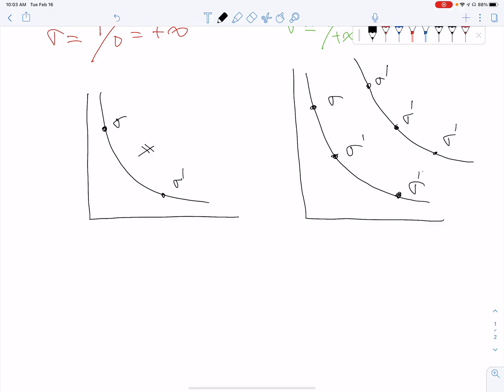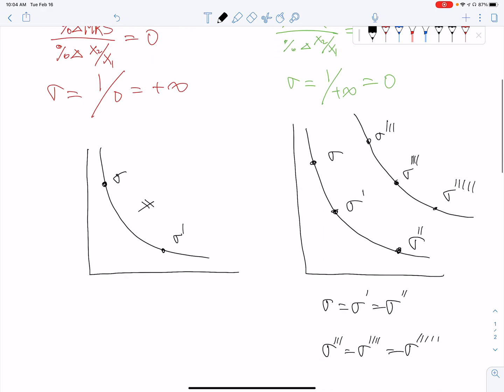Maybe we can think of it this way: 3, 4, 5. So this is constant elasticity of substitution if all these 6 are the same. In fact, pick any points on the consumption set, and it gives you the same elasticity of substitution.